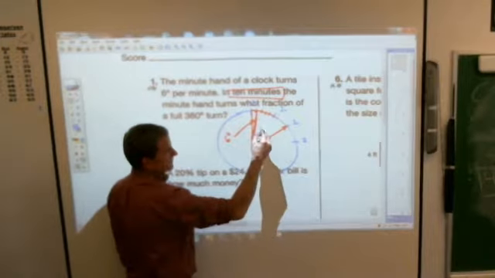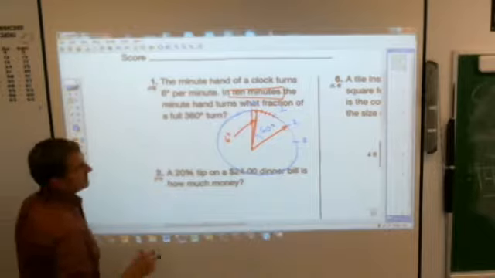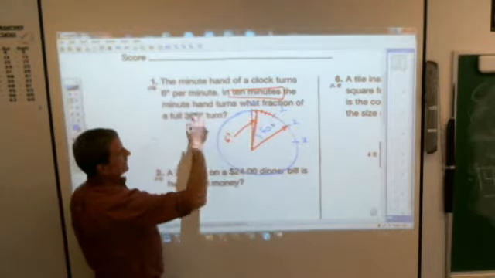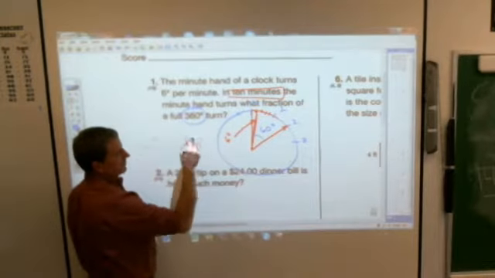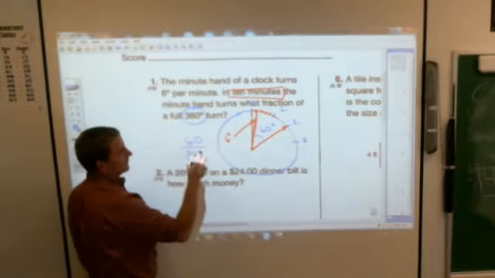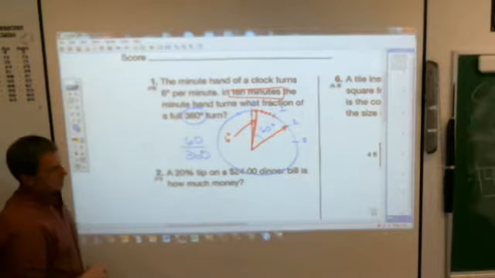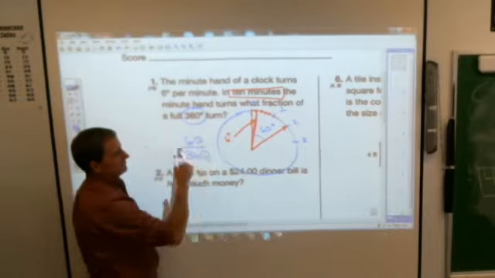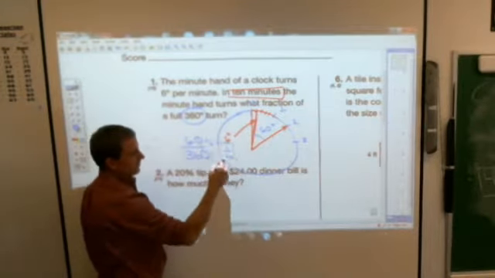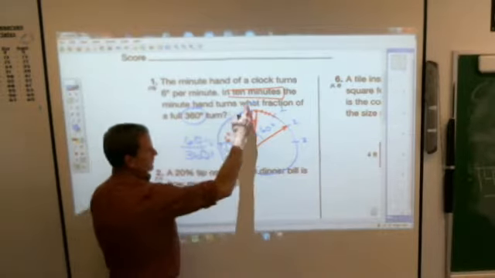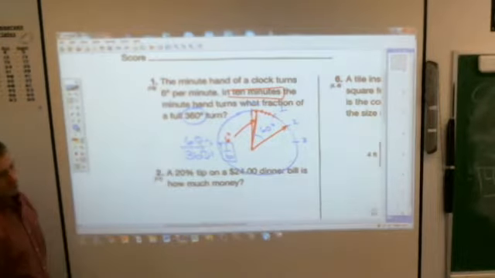Between here and here is 60 degrees. Now that's not the answer to the question, because the question asks: 60 degrees is what fraction of a full turn? There's your fraction, it just needs to be reduced. Divide them both by 10, divide them by 6, you get 1/6. When the hand travels from 12 to 2, that's 1/6 of the whole face of the clock.